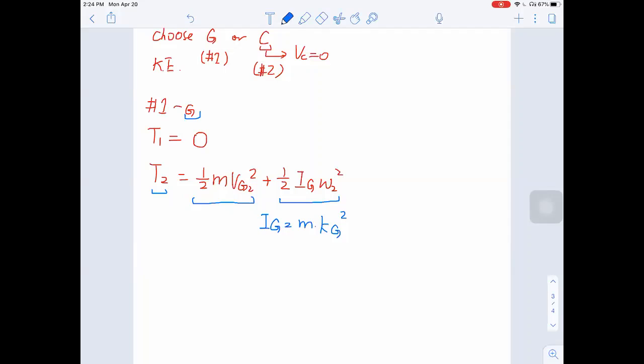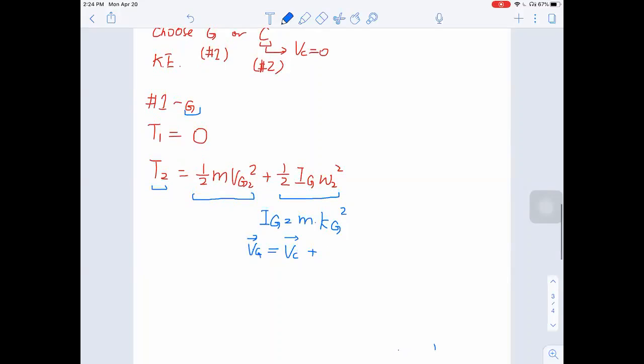We can use something we learned in chapter 2, the relationship between two points. If we're talking about velocity, Vg, point G, which is the mass center, equals Vc, which is the contact point, plus omega cross product Rg/c.